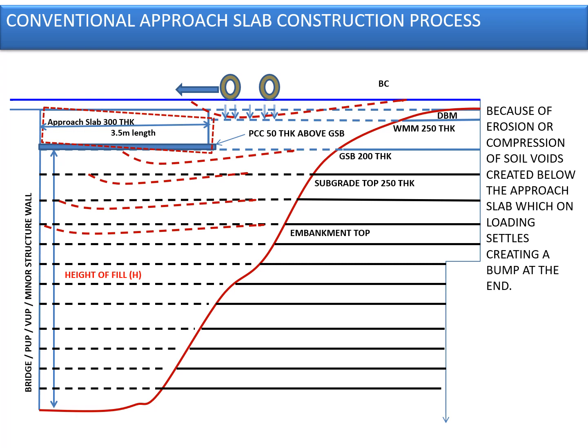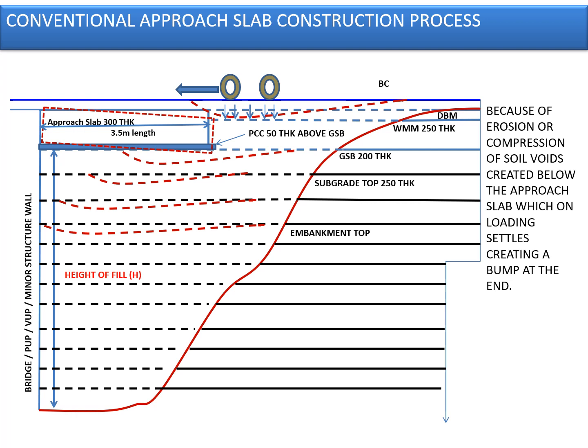The problem is that since the approach slabs are designed as a cantilever portion, the free end is bound to get compressed, and these compressions are supported by the movement of the soil beneath, which was not compacted properly, or maybe the soil was not 100% compacted in these areas. So this is how the hump is created, and it is more predominant as the vehicles move close to the bridge locations.